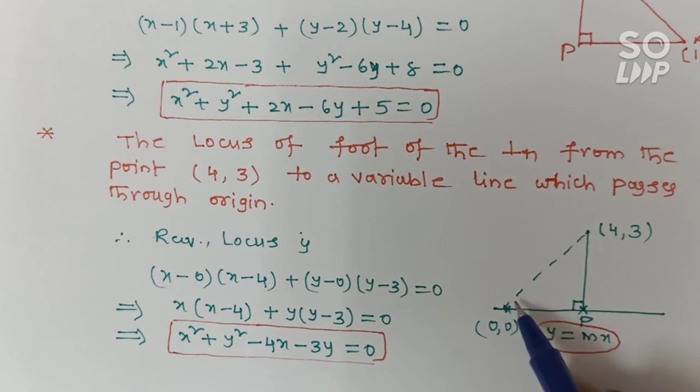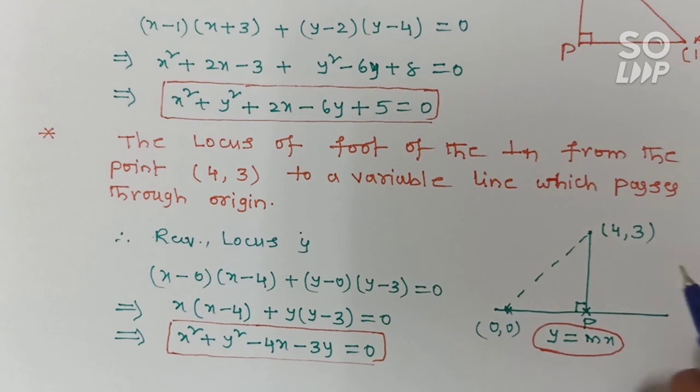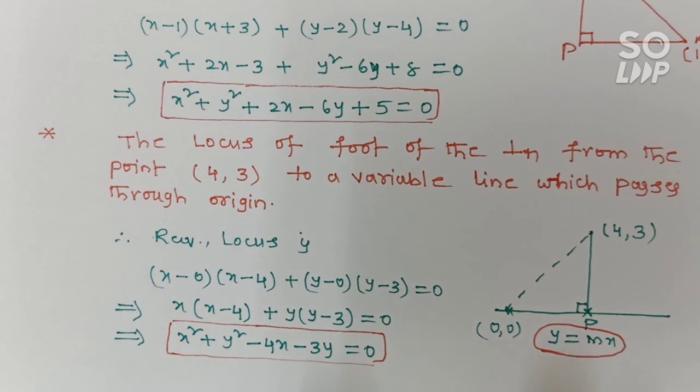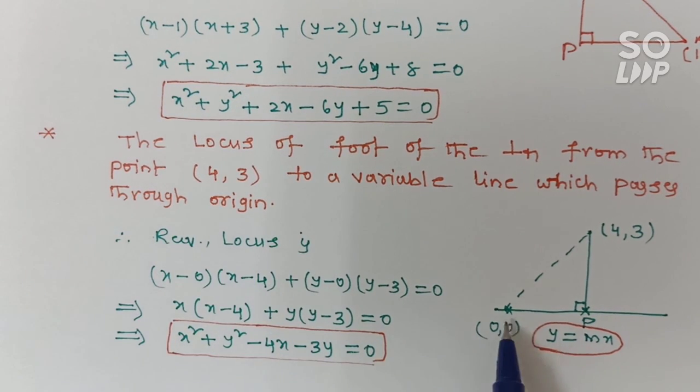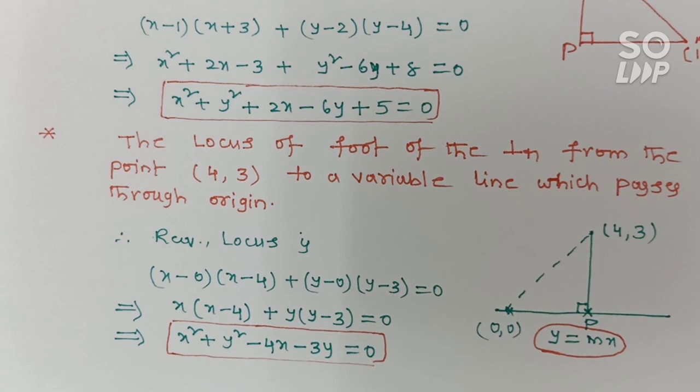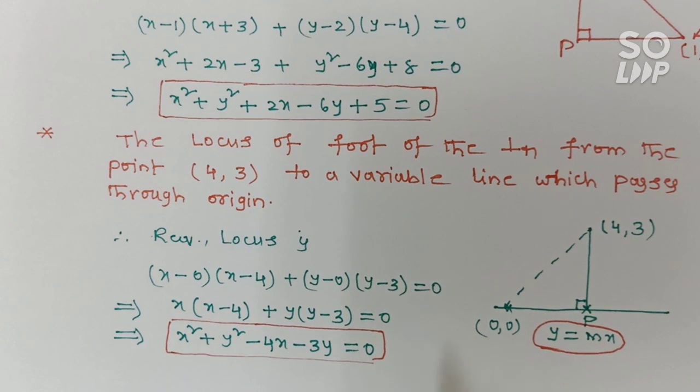Those points will be the ends of the diameter. If you understand this problem, then if I change the point the line passes through, instead of the origin, you can do these problems with any other point. This is a very important concept.